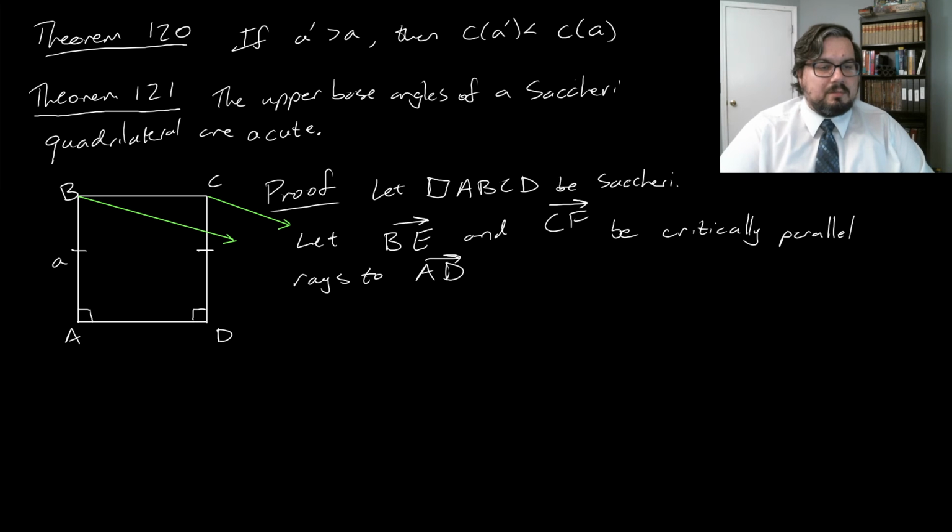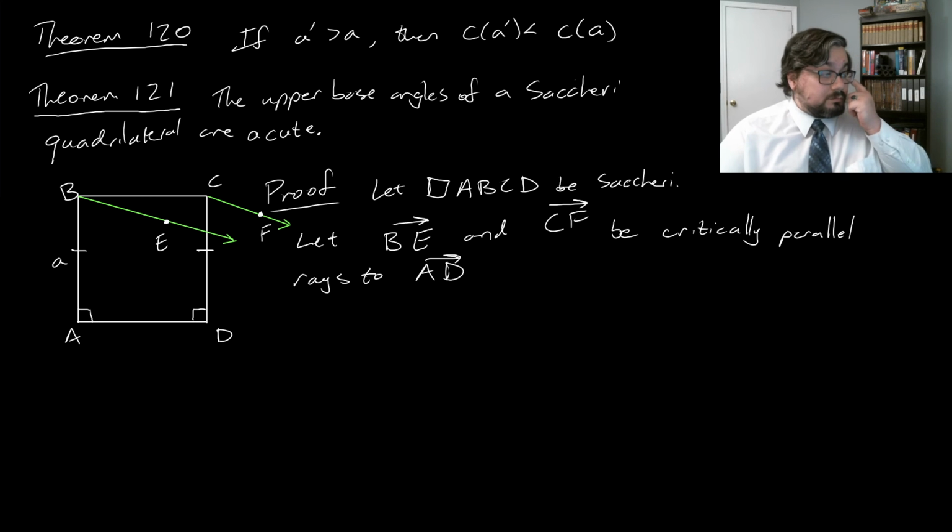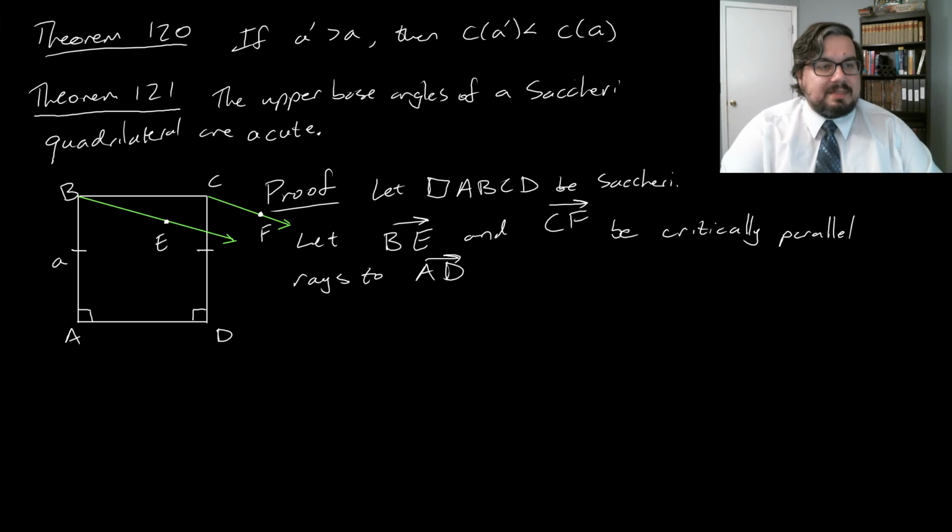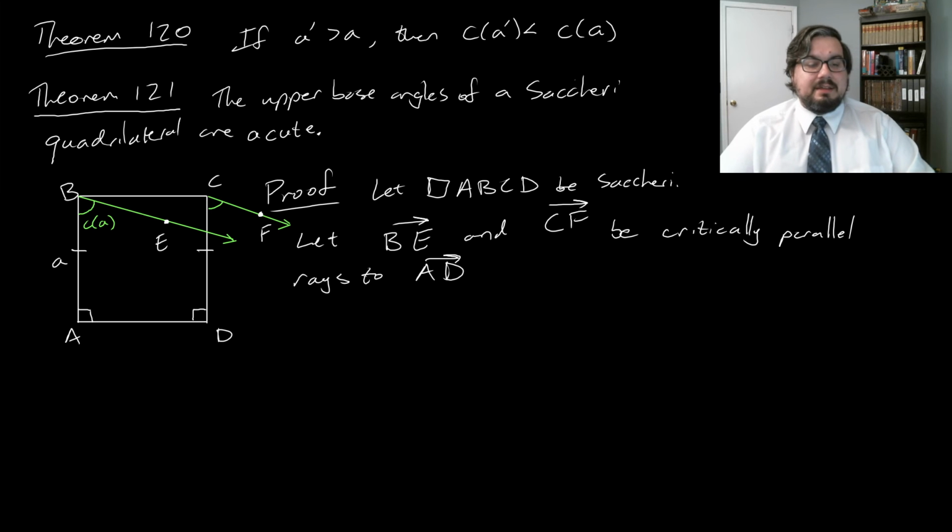with points E and F. And when that's the case, then we have that the measure of angle ABE is in fact exactly the critical function of A, and similarly we have the critical function of A also as the measure of angle DCF.